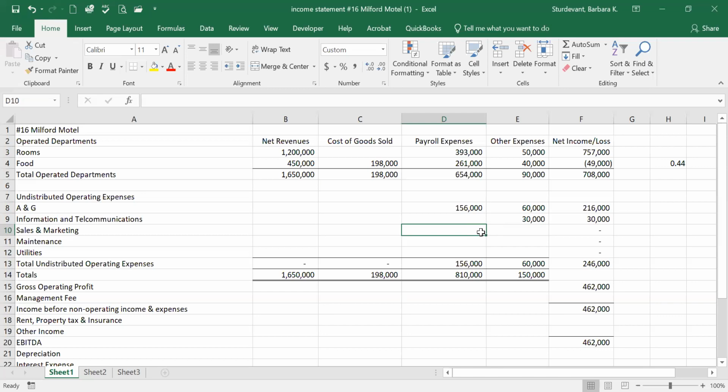What else goes under sales and marketing? The franchise fee. Okay, watch for that. Again, not always there. But as I told you, when you're doing these, check off the numbers once you use them. Once you do the payroll stuff, check off those numbers. Once you get everything else in there, check off those numbers because you want to make sure you don't forget anything. So this is going to be the 50 plus the 20.